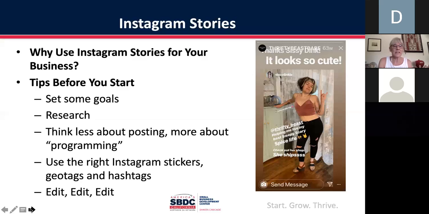We can get ideas. We can say, oh gosh, I really like the way that they set up their Pinterest bulletin board with that beautiful color coordinated branding. Or in Instagram, this is Thrifty Beast Babe. And this is an example of one that my daughter researched.